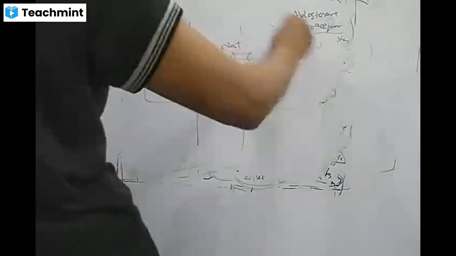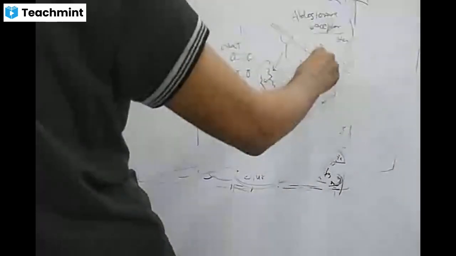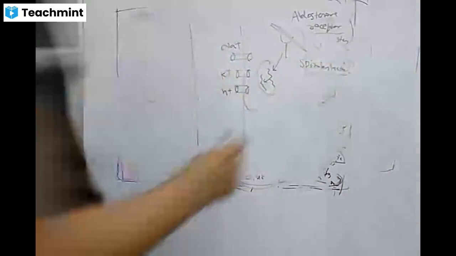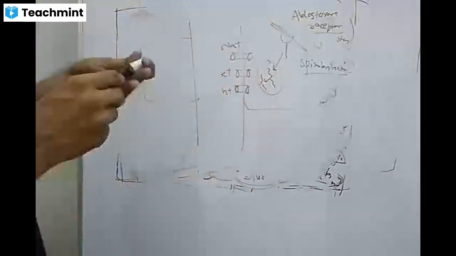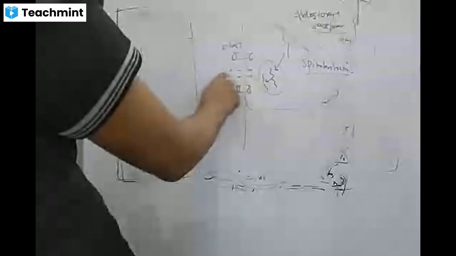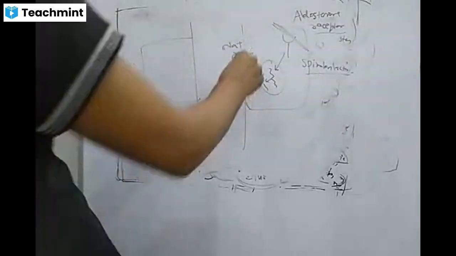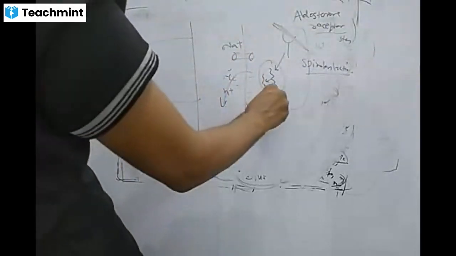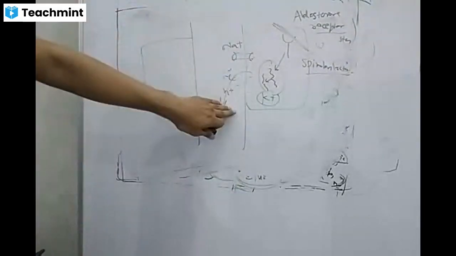If we block the receptor with the drug spironolactone, then there will not be any transcription, translation, or channel implantation. So if there is no potassium channel, potassium will not be able to come out from this side.